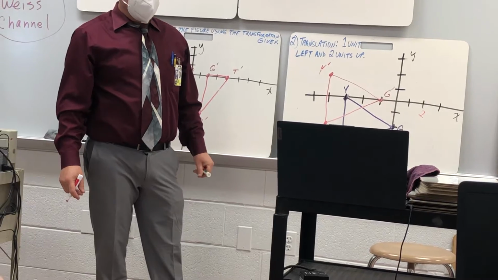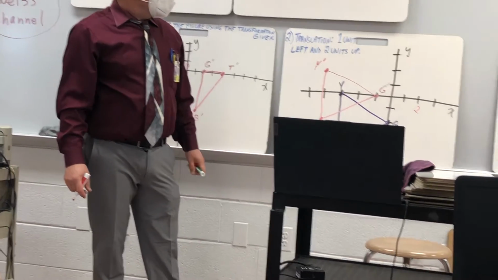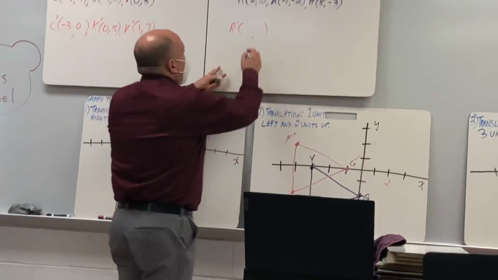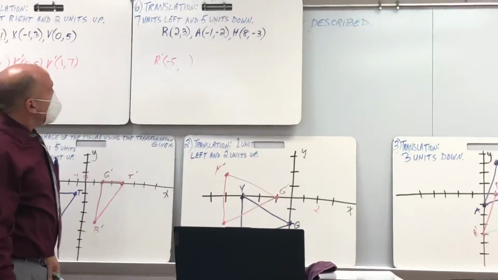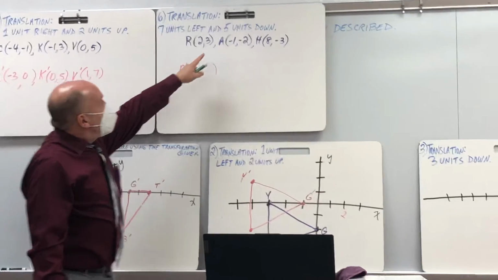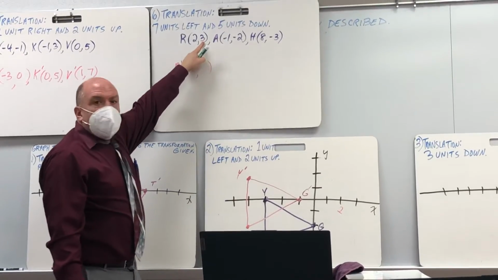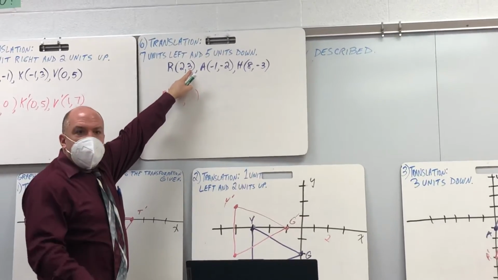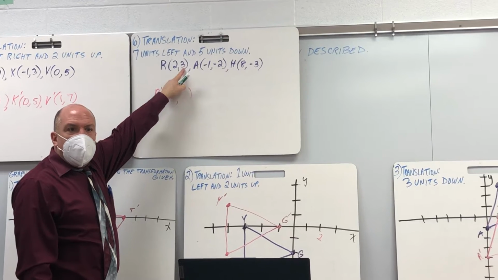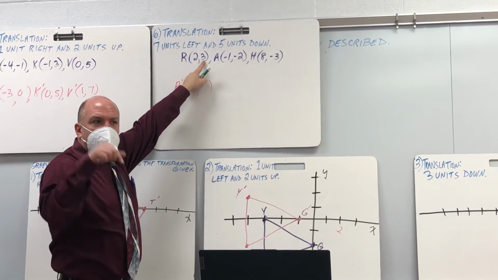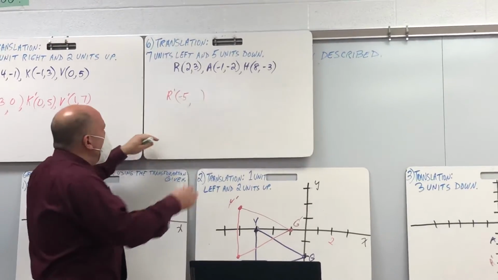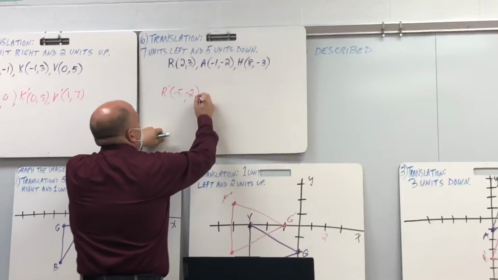That was me. Nice, Mel. -5, right? 7 left is to -5. 5 units down. 3 minus 5 will take me where? 3, -2. Fine, very good.